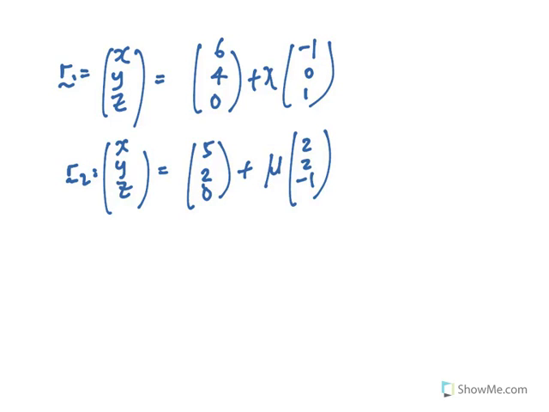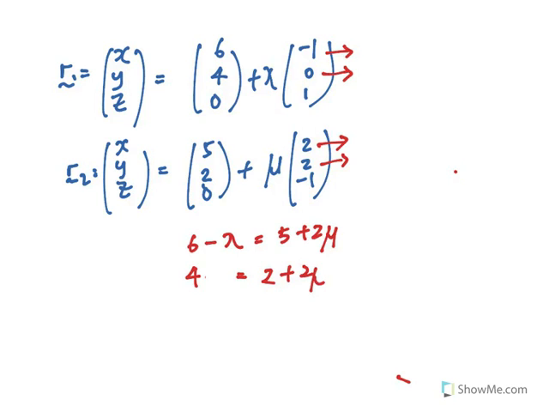Suppose they intersect, then there could be particular values for which the first entry, 6 minus lambda, equals 5 plus 2 mu. The second entry, 4 plus 0 lambda, equals 2 plus 2 mu.